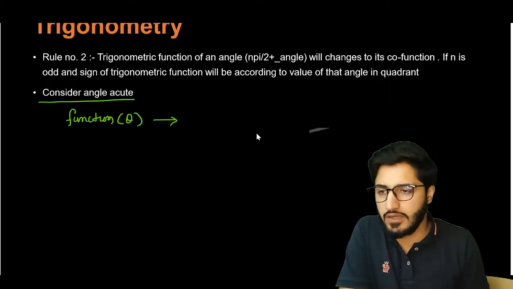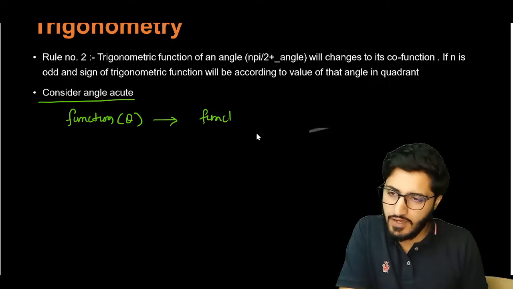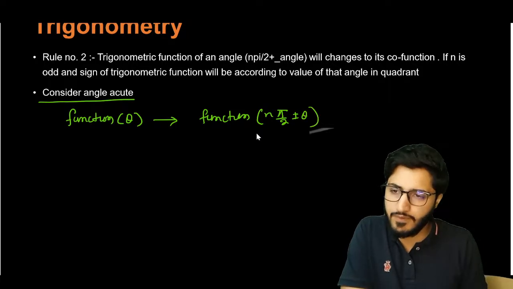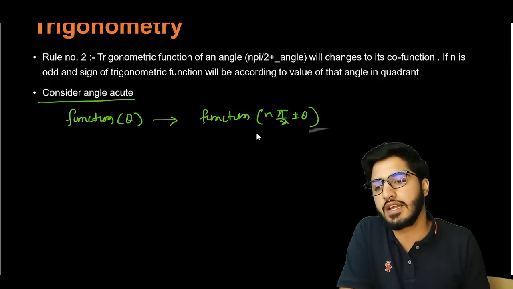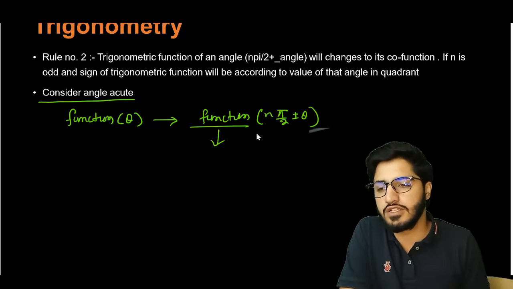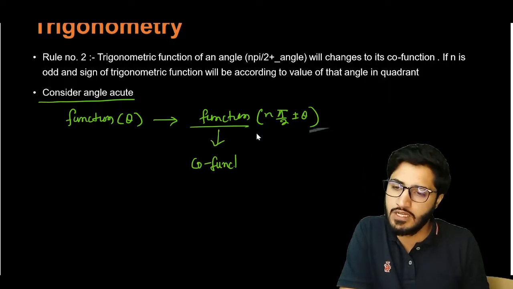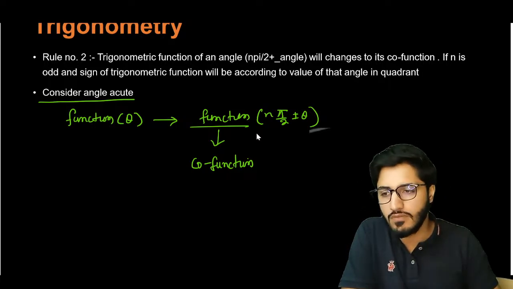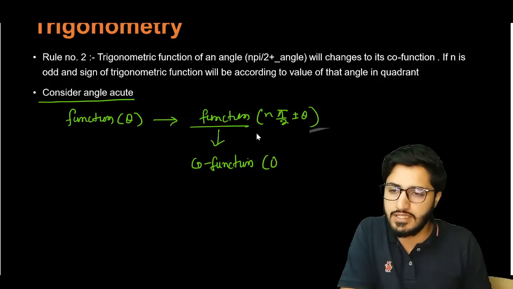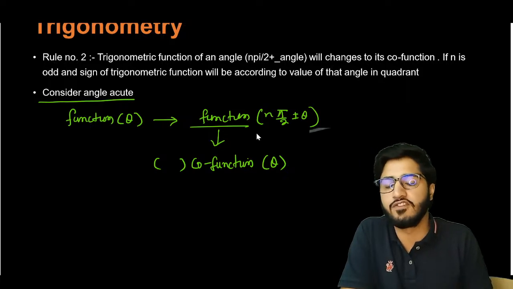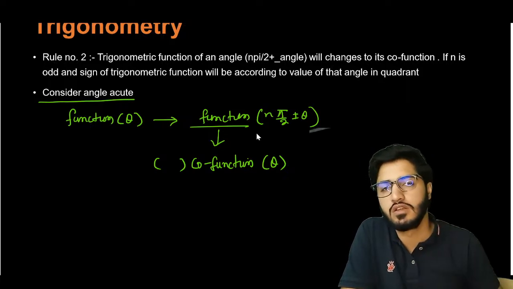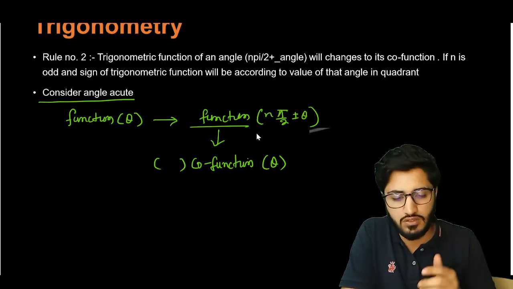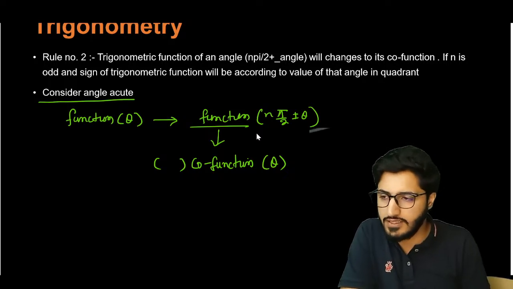If we are able to break down the function sine theta into a function of n pi by 2 plus or minus theta, then the function will change into its co-function, and the positive or negative sign we can determine using the ASTC rule.